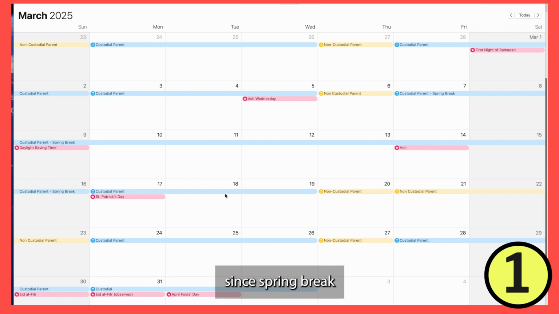Custodial parent, since spring break would release on the 7th, for spring break on the week of the 10th, your possession for that period of time would begin when they're dismissed on that Friday, and it would go all the way until the 16th, which would be the time before they return to school. But then of course you get them for the Monday, Tuesday, Wednesday following. So it would all just be stuck together.